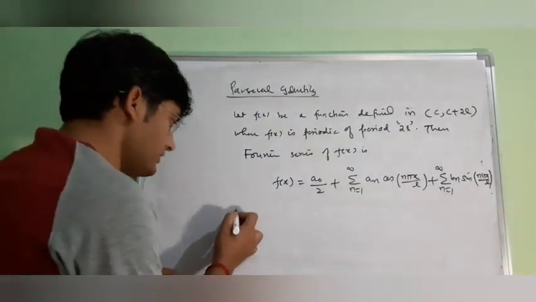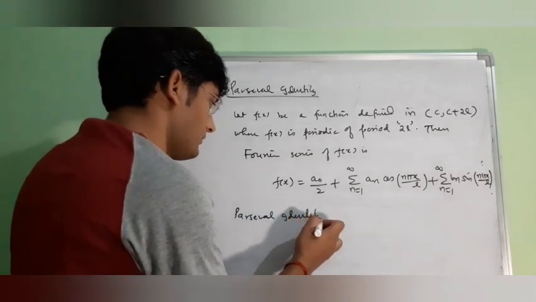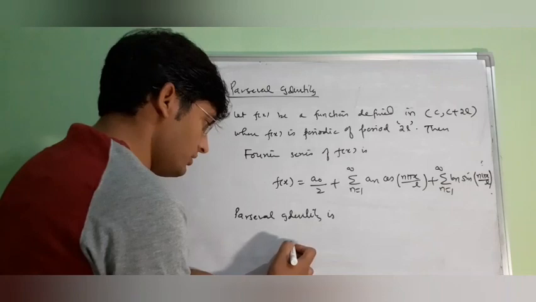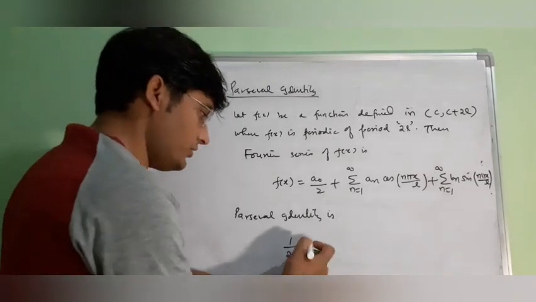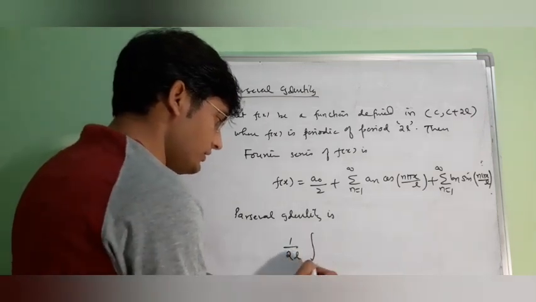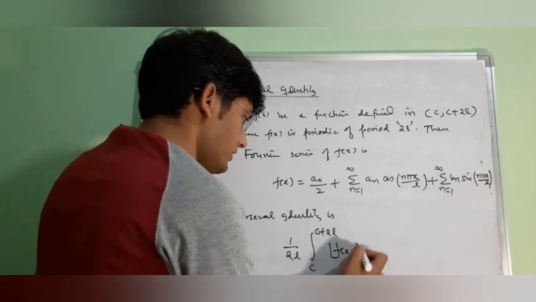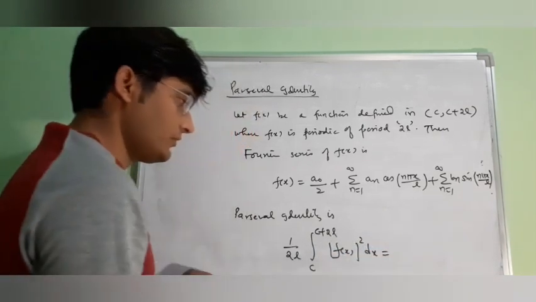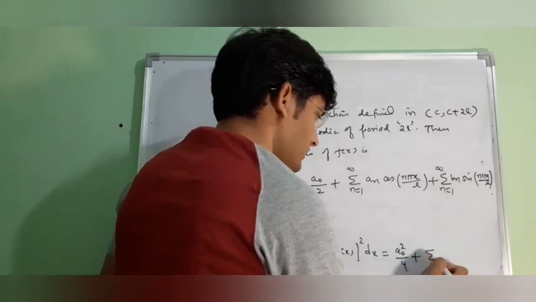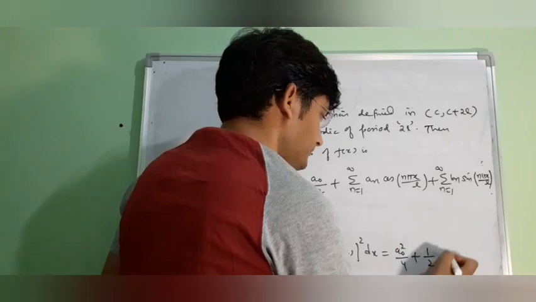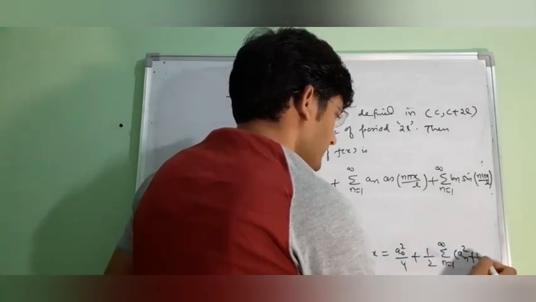Now Parseval identity is 1 upon 2l. I am just giving the formula, I am not going into the proof. It is 1 upon 2l integral from c to c+2l of f(x) whole square dx equal to a0 square upon 4 plus half summation n equal to 1 to infinity of (a_n square plus b_n square).